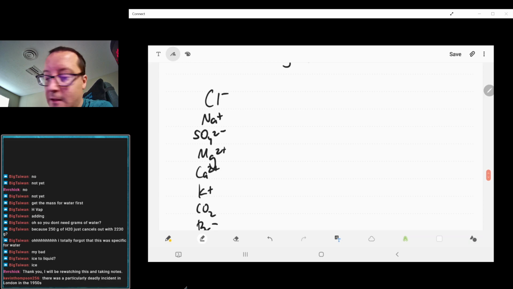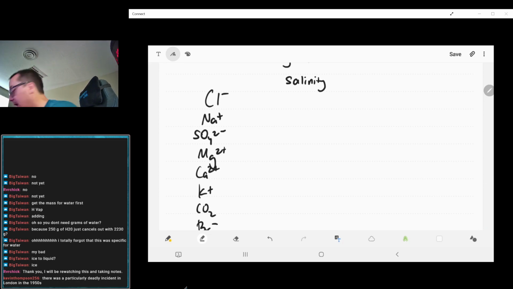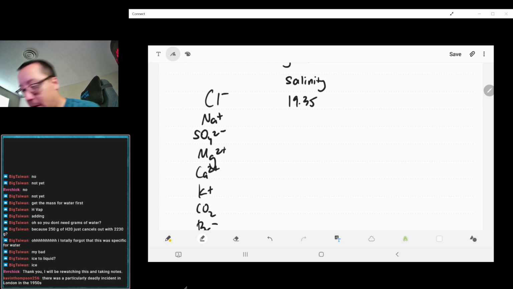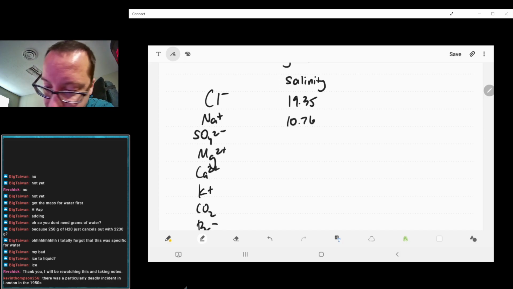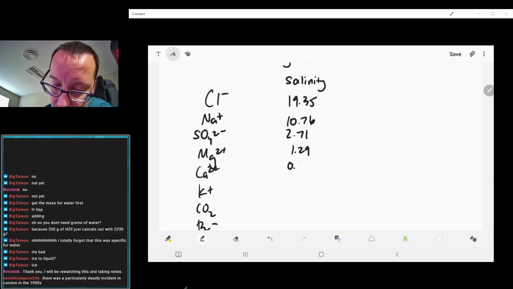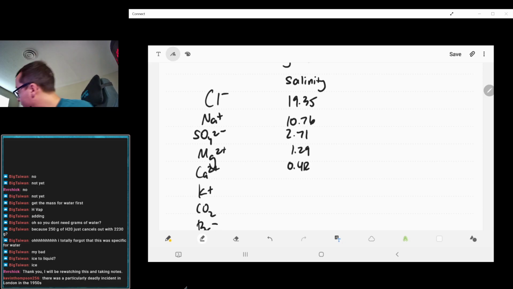We're going to see that the salinity of these, or the parts per thousand, grams per kilogram, we're looking at 19.35, 10.76, 2.71, 1.29, 412.